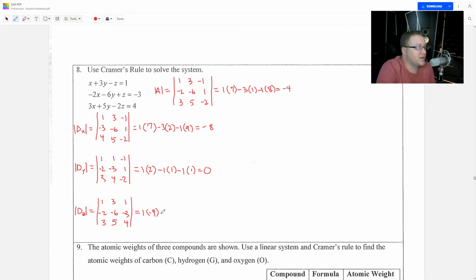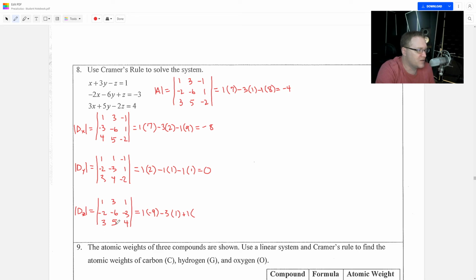And then we're going to minus 3. Then we're going to cross this out and find the determinant. So negative 2 times 4 is negative 8. Negative 3 times 3 is negative 9. Negative 8 minus negative 9 is negative 8 plus 9, which is 1. And then the final part, we're going to have plus 1 times, and we're going to cross this out and find this determinant.